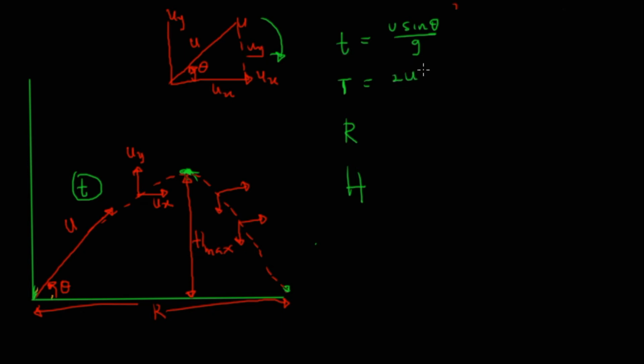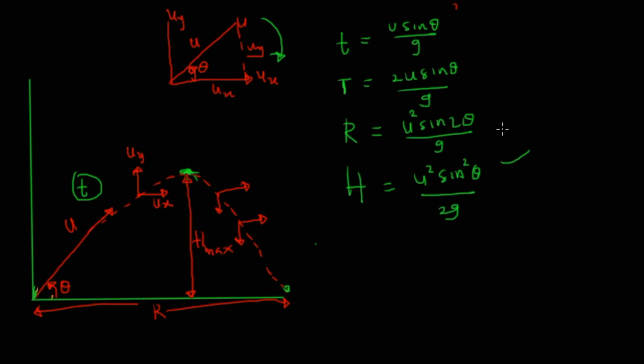So I have 2u sine theta upon g. Then for the range I begin to play with the 2. The 2 goes up here, then it comes down to theta, then we have upon g, and later this same 2 goes up again, so that we have u squared. The 2 goes up again, so we have sine 2 theta, then it comes down to g. So this is the formula. That's the way I memorize the formulas, but you can also learn how to derive them.